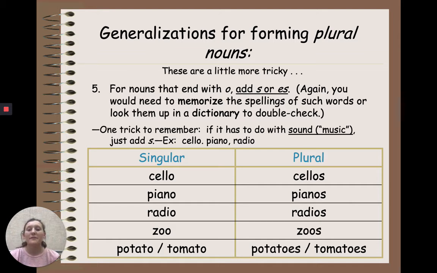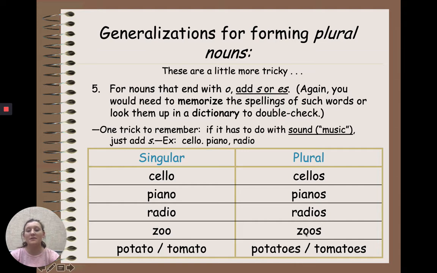So again, if a noun ends with an O, we're going to add S or ES. So we see that in cello and then we have plural of cellos, so we're just adding S, and the same goes for piano and radio and zoo. All we're doing is adding an S on to the end.